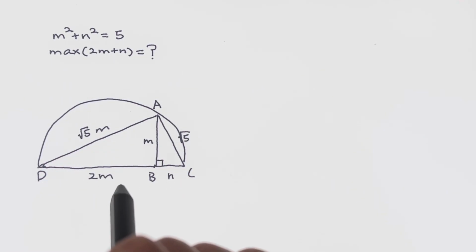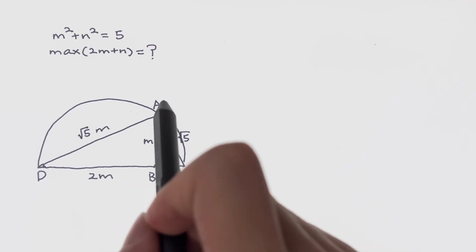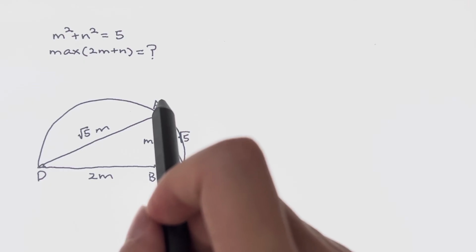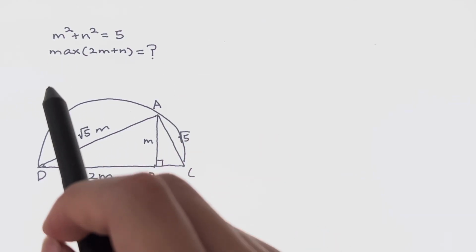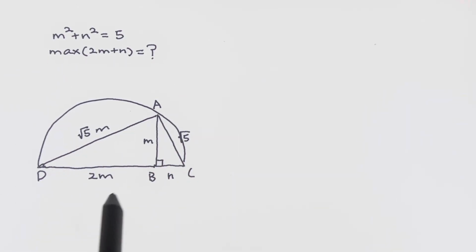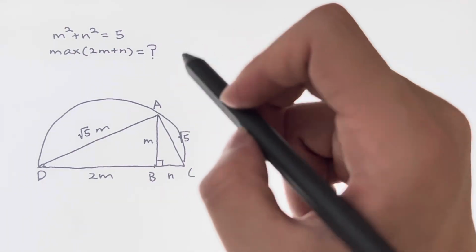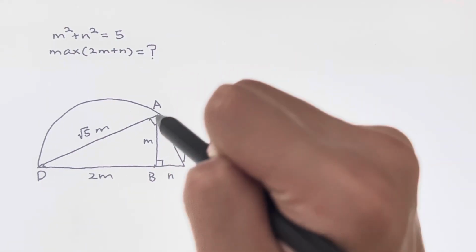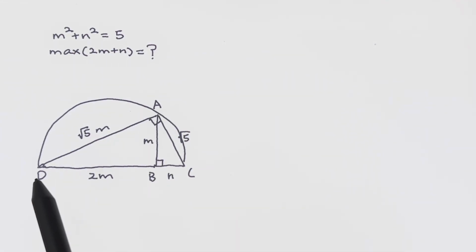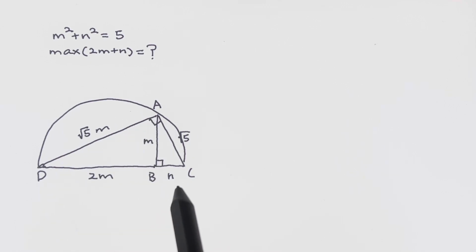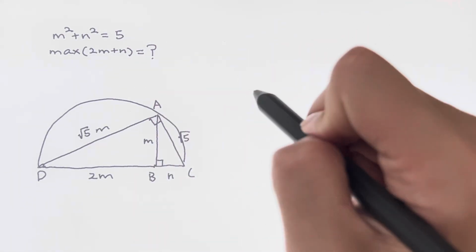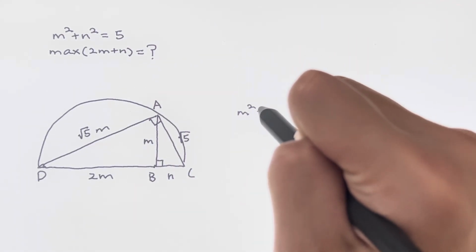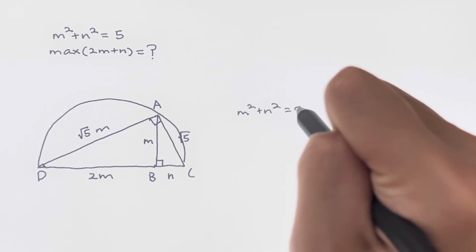And the special property of the chord diameter of a circle is that if you have a point A on the circumference of the circle where DC is the diameter, angle DAC is going to be 90 degrees. And now, since triangle DAC is a right triangle, we can just use the Pythagorean theorem. We already know that m squared plus n squared equals 5.